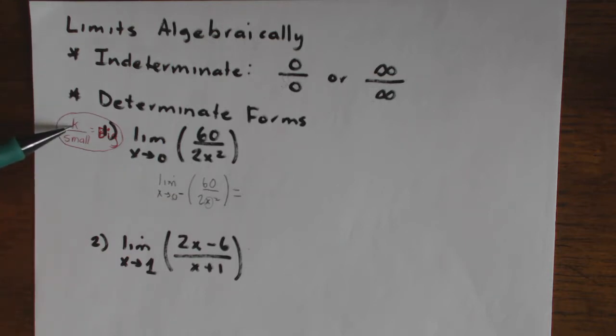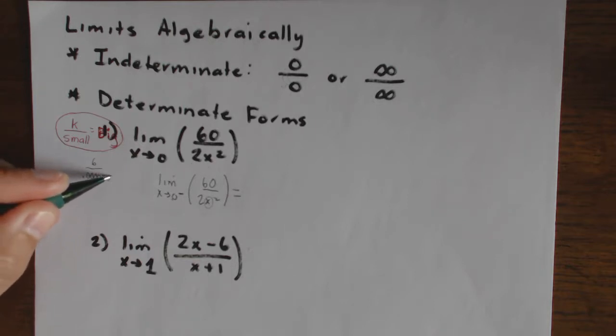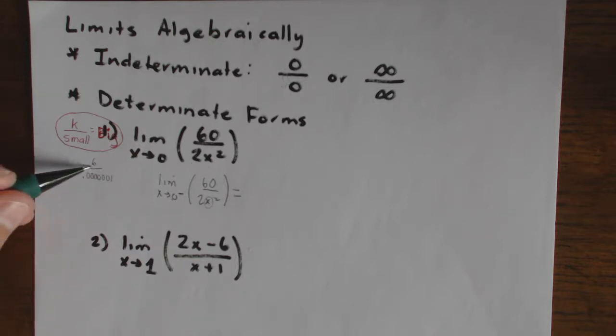So what I end up with is what I have written over here. I have some constant k divided by a small number. For example, 6 divided by 0.000001 is 6 million, I think, not sure, but large.